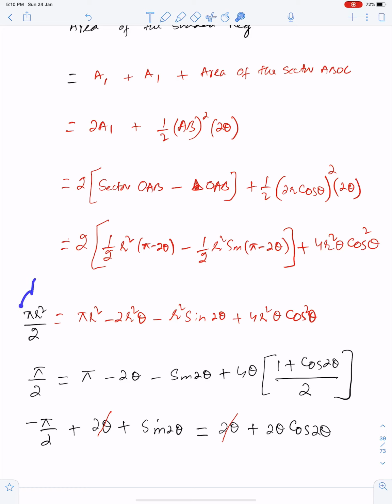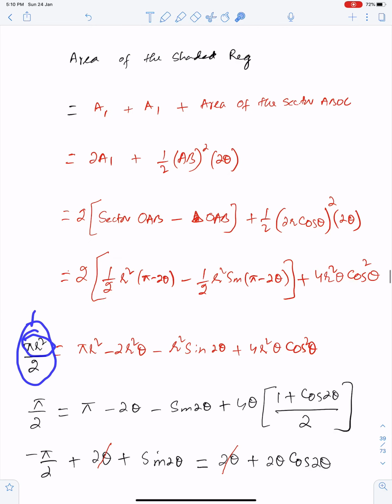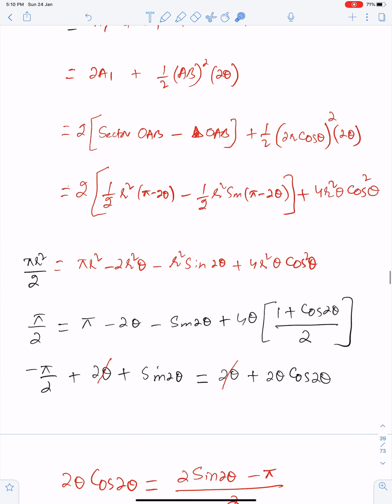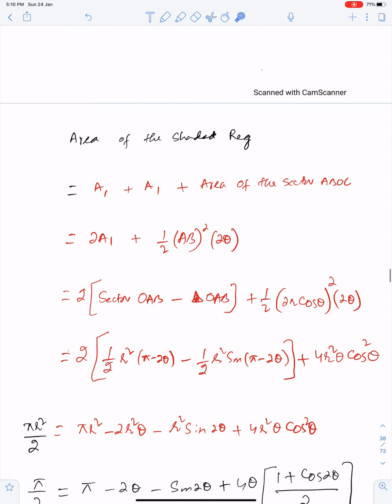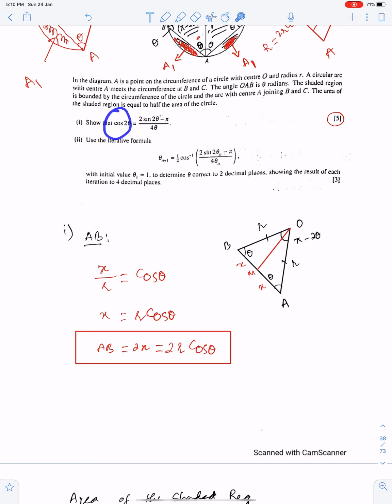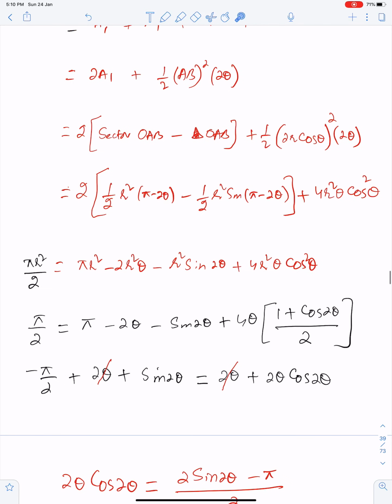And this is the area of circle, pi r square. And it's given area of the shaded region is half of the area of the circle. That is why we have pi r square upon 2 here. Now, by simplifying this equation, we have this equation. Since we need cos 2 theta in our answer, therefore we have to convert this cos square theta in terms of cos 2 theta by using double angle formula.